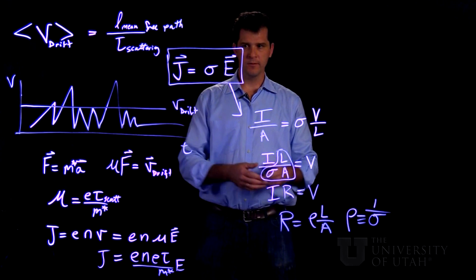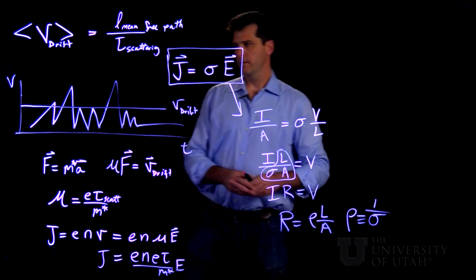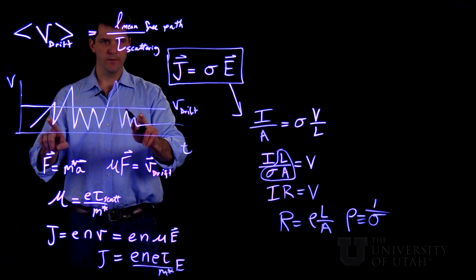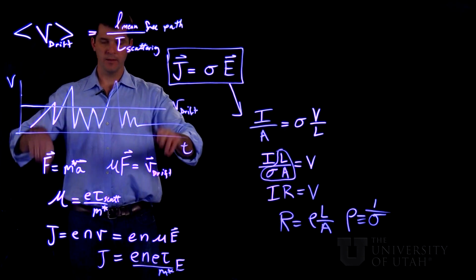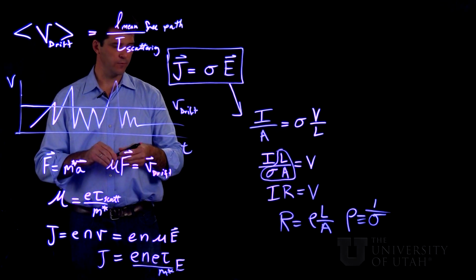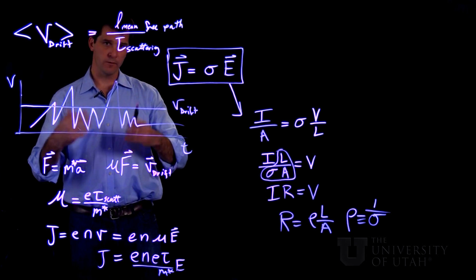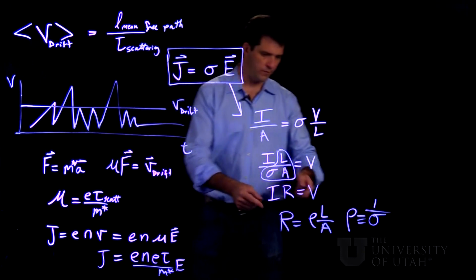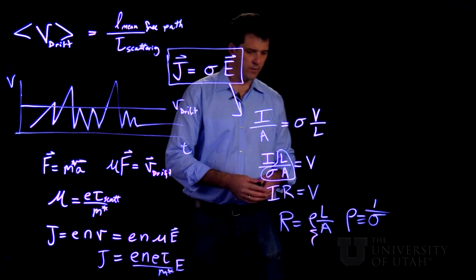So we've covered Ohm's law actually by looking at the individual scattering events of an electron and then taking a statistical average, which gives us an effective drag force. So this drag force is what turns out to cause the resistivity of a material.